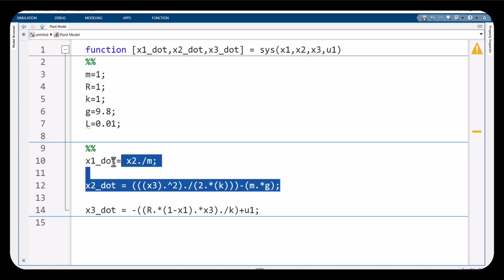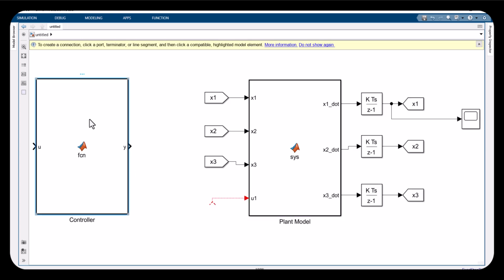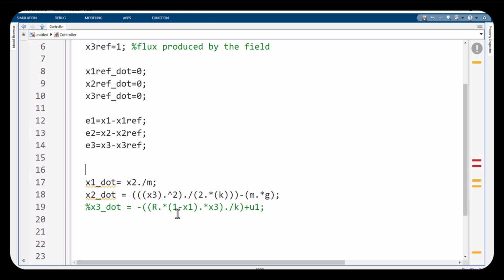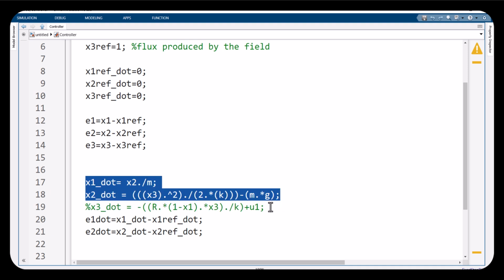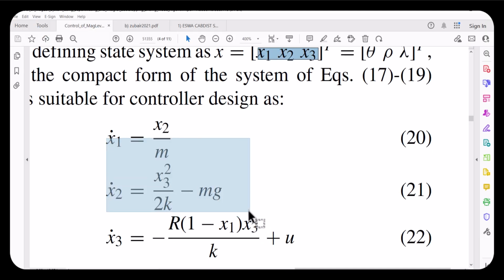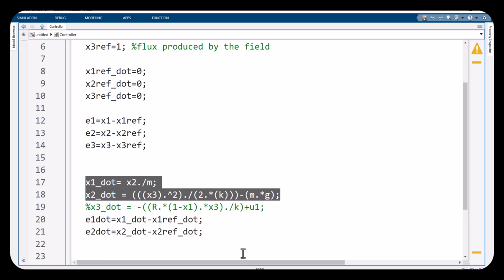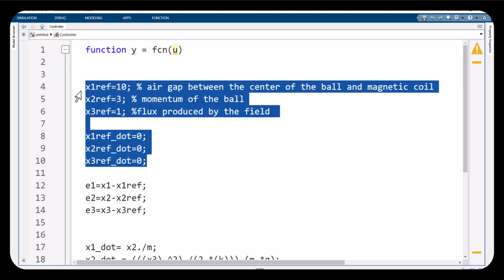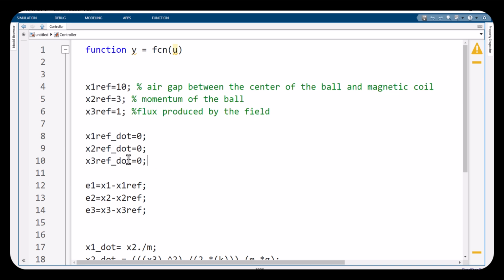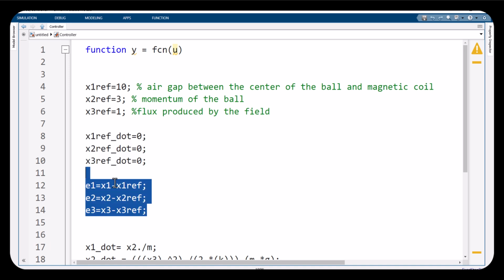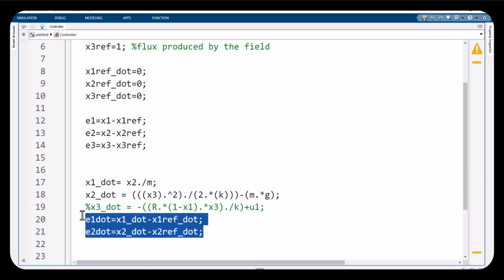So let's take these equations and put them here, because we want to compute every equation at each part. We use those same equations from the model, x1 dot, x2 dot, we get the information from here. So up to now, we defined the references and their corresponding derivatives, the reference for the states, their derivatives, the error of the states, and their derivatives.